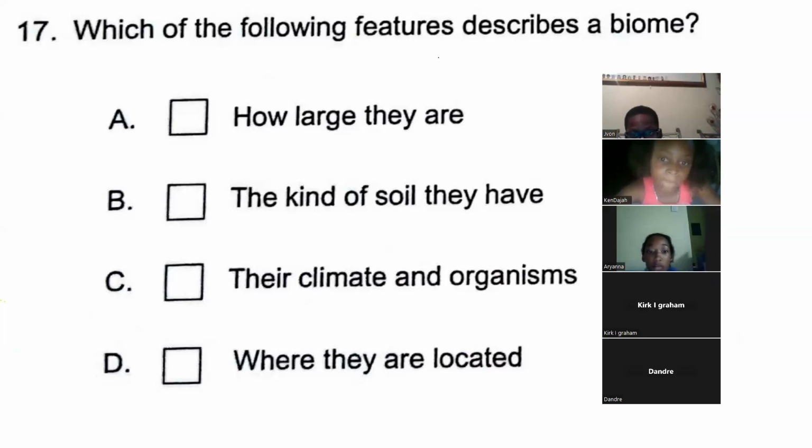What is a biome? Oh, you don't know what a biome is? Okay. Anyone know what a biome is? No, sir. Diana, do you know what a biome is? No, sir. Okay, there's various types of biomes. There's not just one biome.